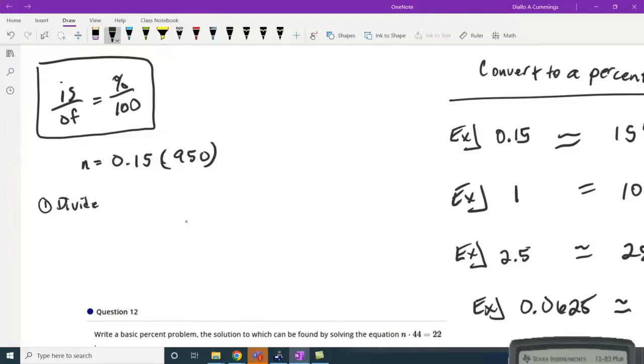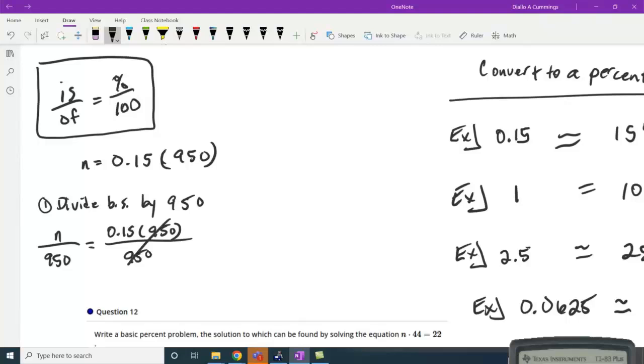So if I divide both sides by 950, the 950s on the right-hand side are going to cancel, and I'm left with n over 950 is equal to 0.15.